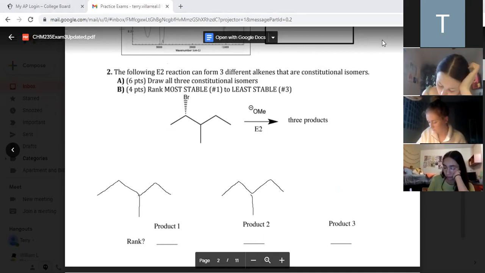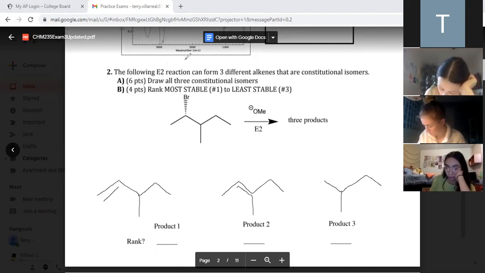So for my first one, I can have the double bond here, or I can have the double bond here. Those are probably the 2 easiest ones for you to see. However, there is one more product here, like this. Double bond's still there, but now this bond is going up.